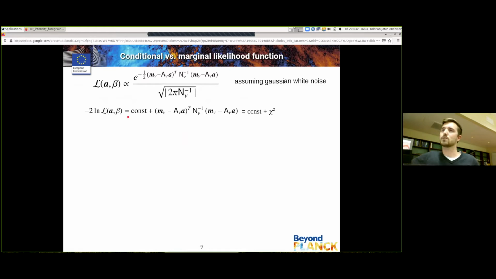So as Trygve said, the data in component separation are the sky maps at a given frequency, with some mixing matrix containing the spectral parameter and the amplitude of the components. Now, the log likelihood of this can easily be written as a constant times the chi-square given by this equation, and we assume this to be Gaussian white noise. But now we make three assumptions in order to increase the computational efficiency.